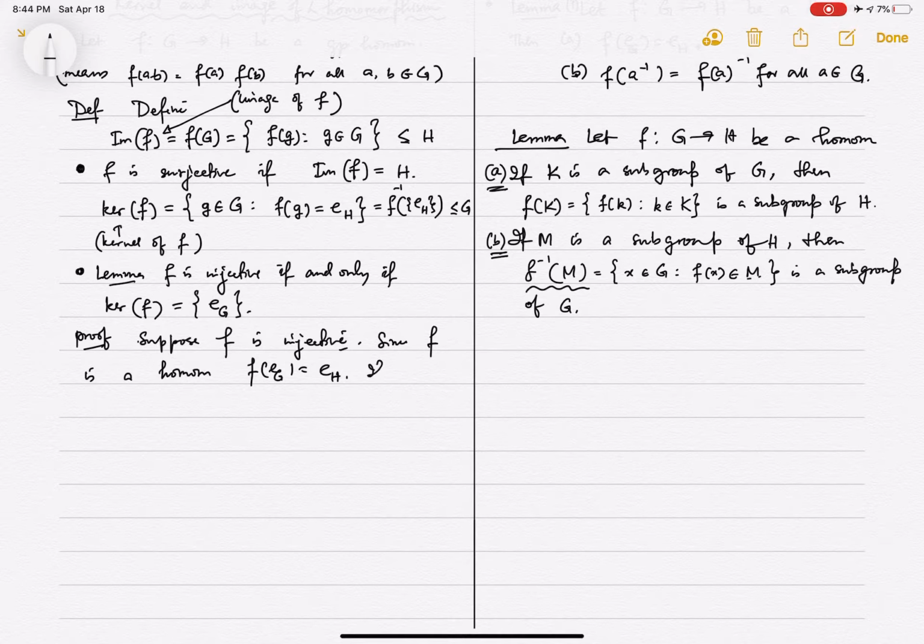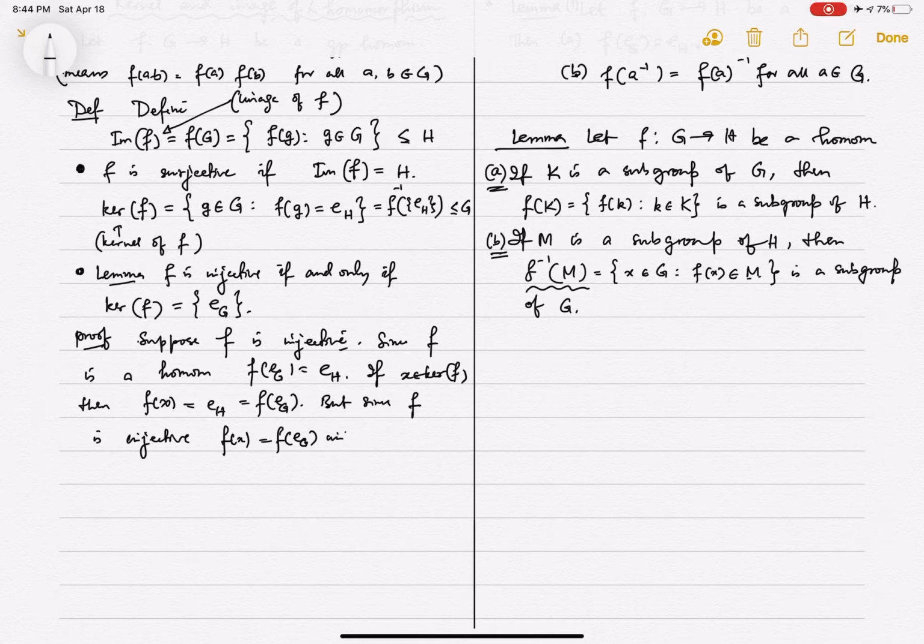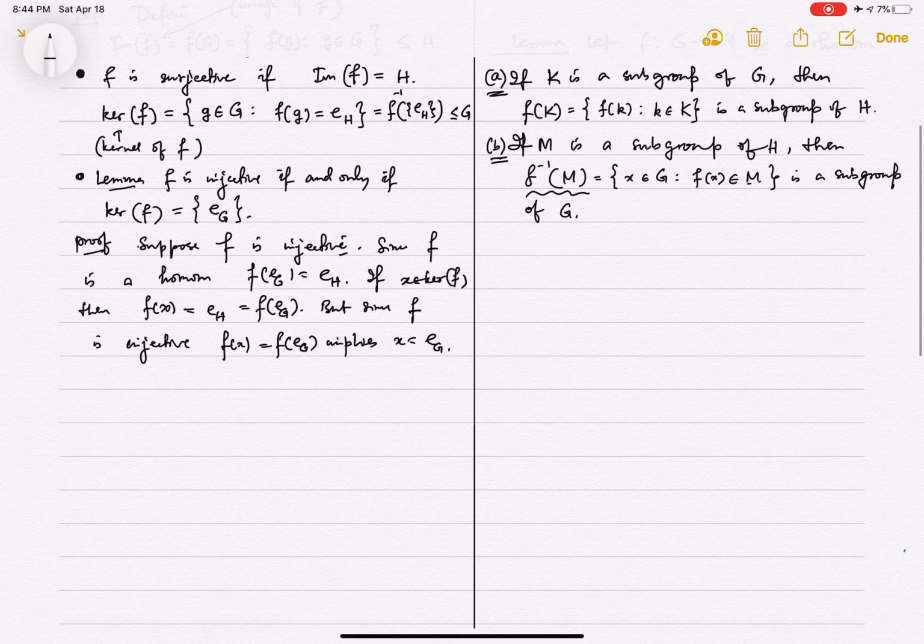So if x is in the kernel, then f of x is identity equals f of identity. But since f is 1-to-1, f of x equals f of identity implies x equals identity. So that's the easy implication.